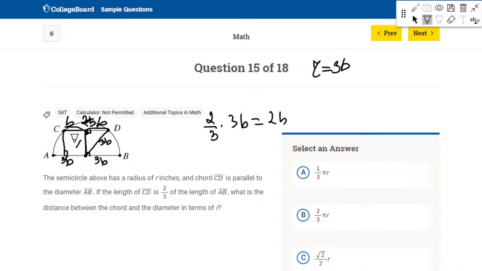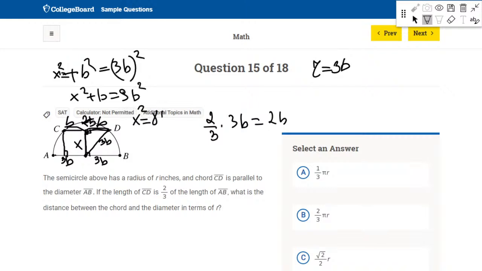So let's write it x. x squared plus b squared equals 3b squared. So x squared plus b squared equals 9b squared. x squared equals 8b squared. x equals b square root of 8, or b multiplied by 2 square root of 2.